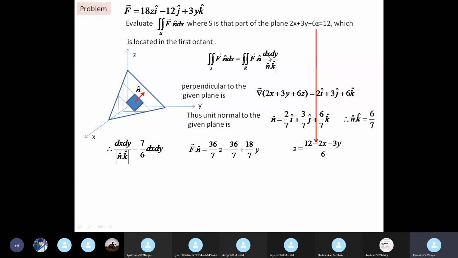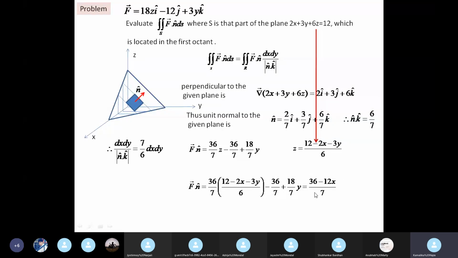Because my integration will be in terms of x and y, but f dot n cap contains z, so I replace z in terms of x and y because the integration is over the xy plane.